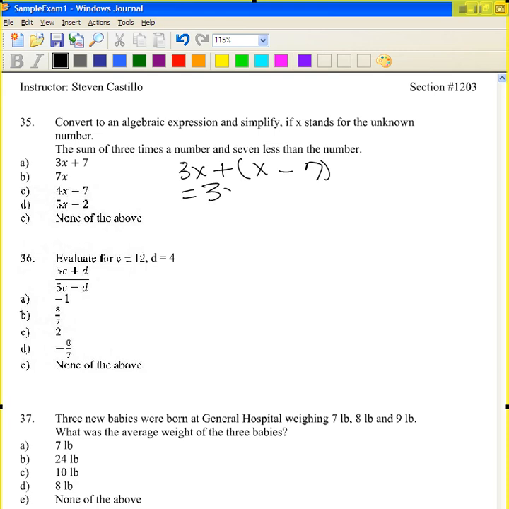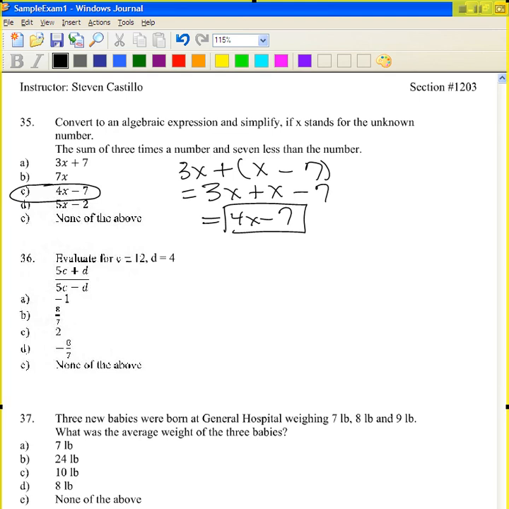And so I get 3x plus x minus 7. Well, the 3x and x are like terms, so we can add them. 3x plus 1x is 4x. The 4x and the 7 are not like terms, so I can't simplify this any further. So my answer is C.